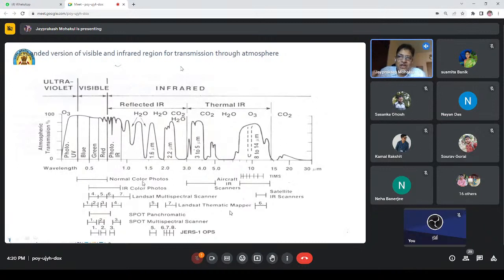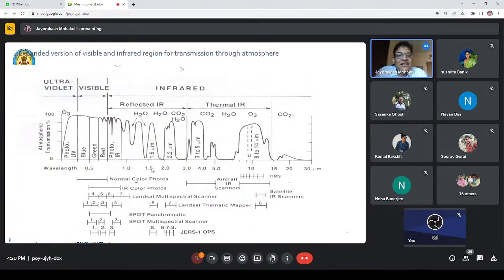If whatever comes to the top of the atmosphere is 100%, then almost 90% of the light in visible, ultraviolet, like 0.3 to 0.4, and near infrared, right? Apart from some of these absorption, a majority of the light reaches the surface of the earth. 90% of the energy reaches the surface of the earth, right?